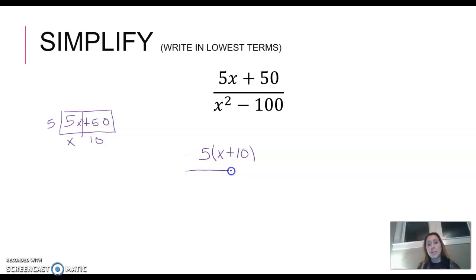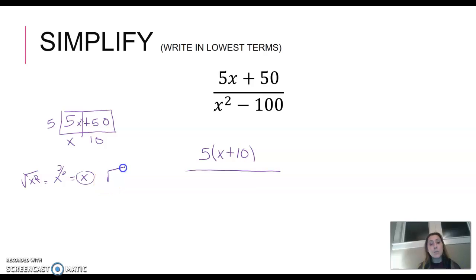Then I'm going to find my denominator, and I see an x squared minus 100. I've got two terms. x squared is one term, 100 is another term, and I have a minus sign, so I'm going to check for difference of squares. x squared is a perfect square, and 100 is a perfect square. So I'm going to factor that, and that is where we take the square root of x squared, which is just x.